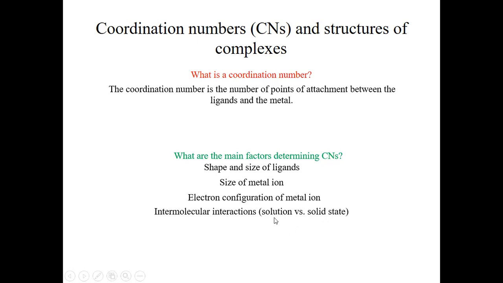That's because when you have a coordination compound in solid state, the molecules start interacting with each other, while in solution they are far apart and you don't have these interactions. That can also have an effect on the coordination number and the structure.